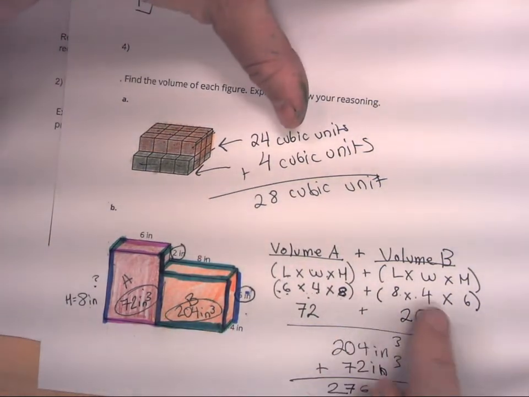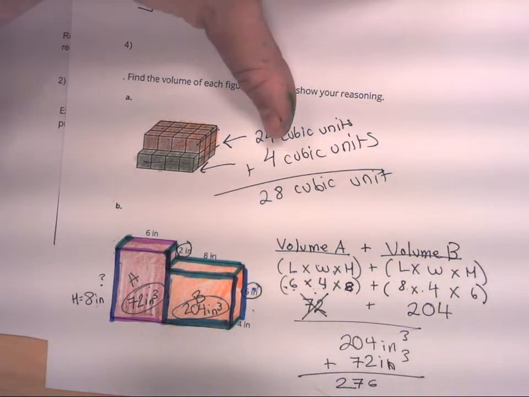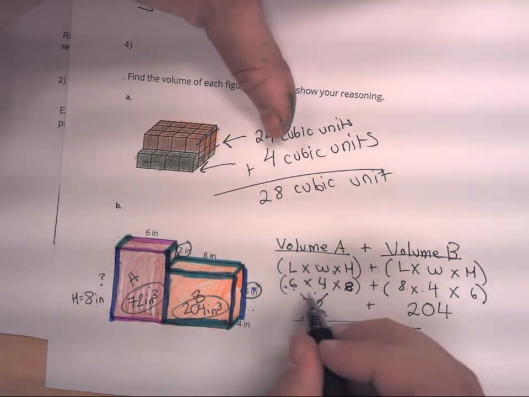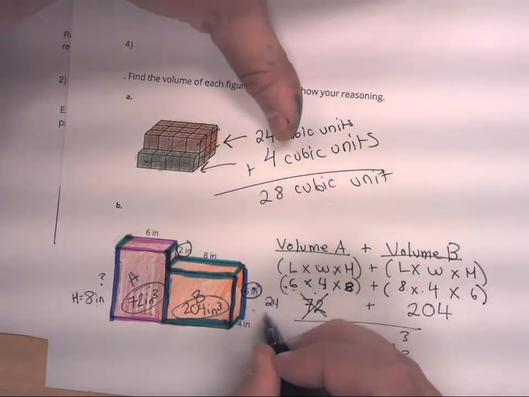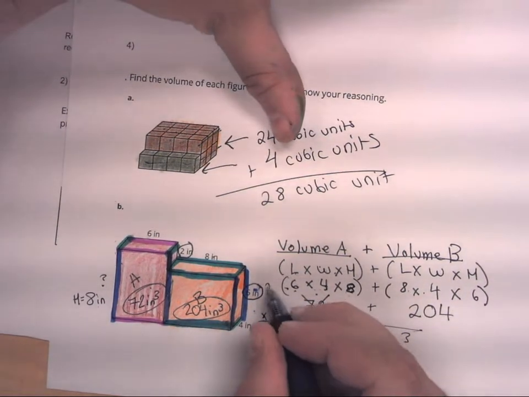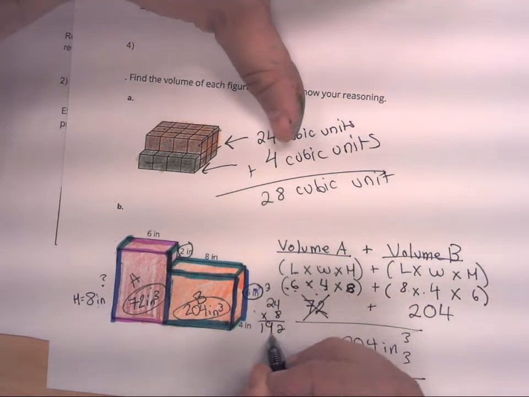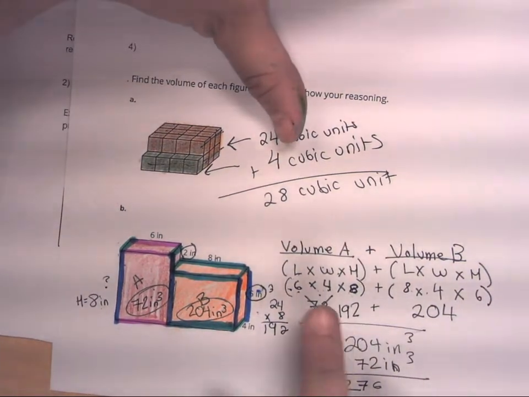So that messed up the rest of my work here. So let's get rid of this 72. So 6 and 4 is 24. Let me multiply 24 by 8. I get 192. So my suspicion was correct. I did make a mistake.